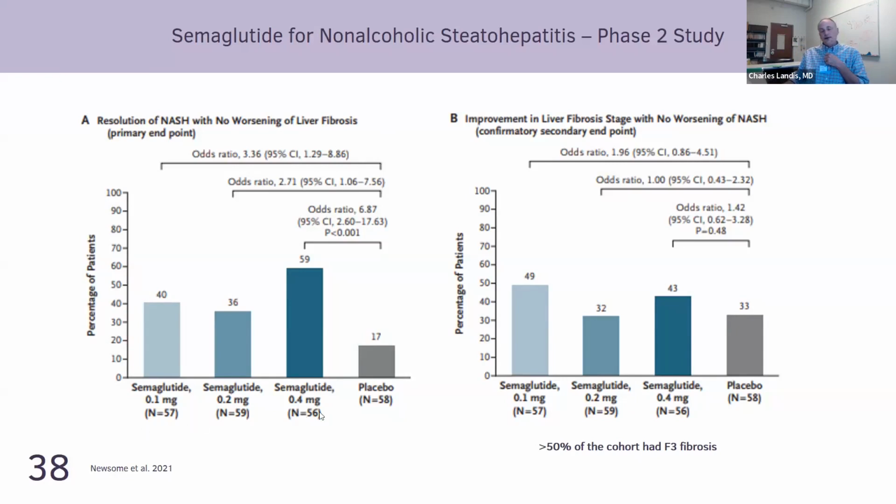This is 0.4 milligrams daily, which is not that helpful because we like to use the weekly dosing, but you can average it up over the course of a week, showing that there was significant reduction in the inflammation and histologic features of NASH in those taking semaglutide at the highest dose. And there was no worsening of fibrosis.